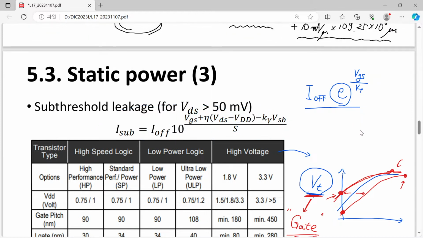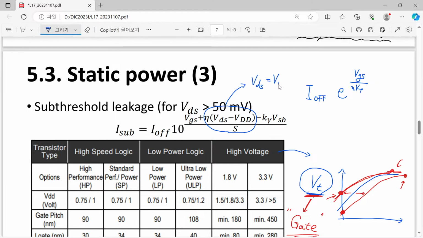Of course, here we have some number n, but please understand this: when we have this gate dependence, the current is exponentially increasing. Another dependence is related to this term. This expression is best suited when we have VDS equal to VDD.